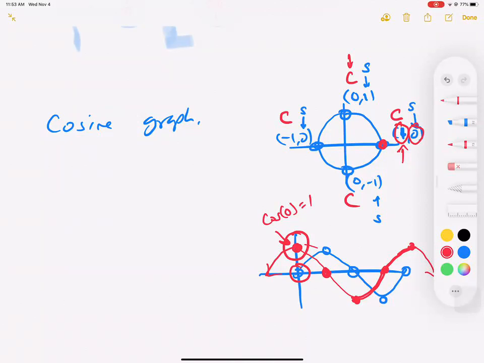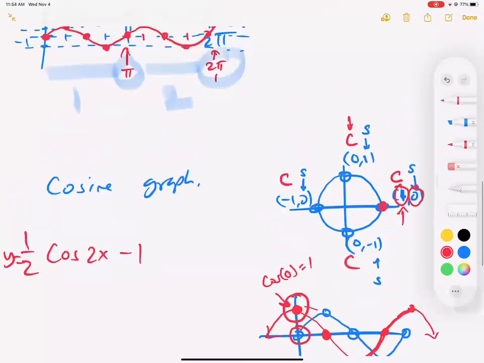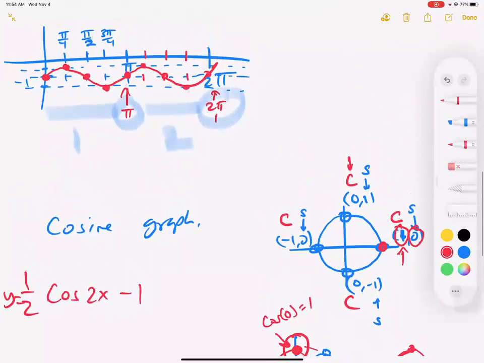So let's go ahead and graph what we graphed before. y is equal to 1/2 sine, nope, not sine, I'm sorry. We're going to do cosine now: cosine of 2x minus 1. I'm going to graph this above here, just so that they're next to each other. You can graph them anywhere you want. I just want you guys to be able to see them both at once.